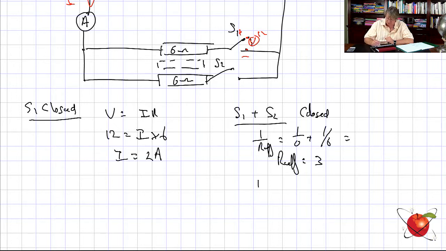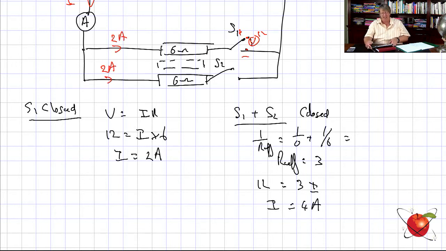Therefore 12 is equal to 3I, so I is equal to 4 amps. That 4 amps will split, and straight away I know that's 2 amps and that's 2 amps over there. It splits equally because of equal resistors.